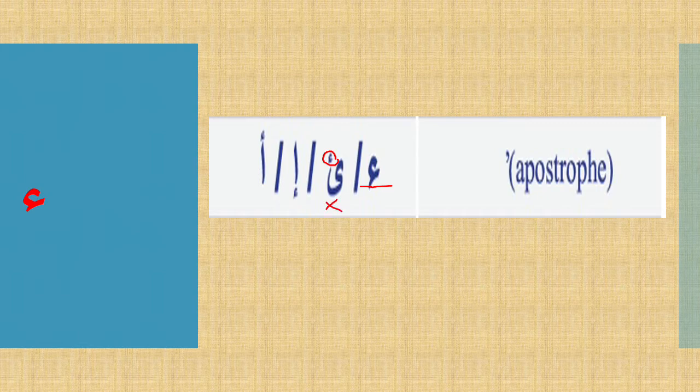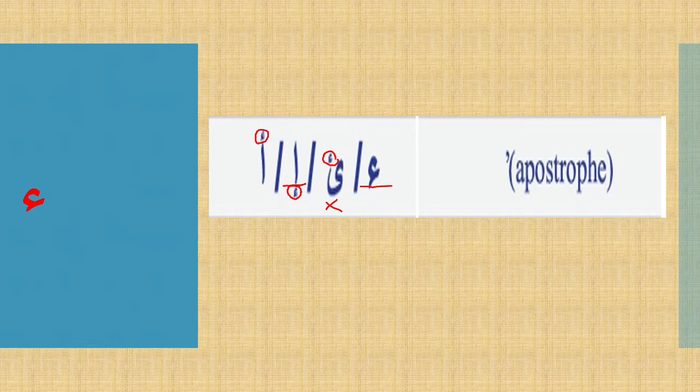Remember that. When Hamza goes on top of Ya, the Ya loses the dots. And it can go under the alif right here, which will be under the line here, because the alif sits on the line, right? And then it can go on top of the alif, like that.